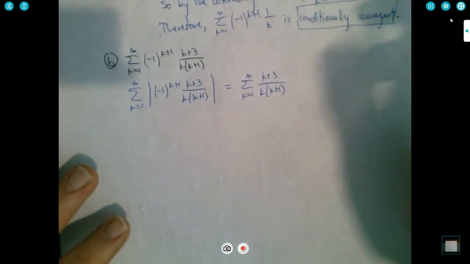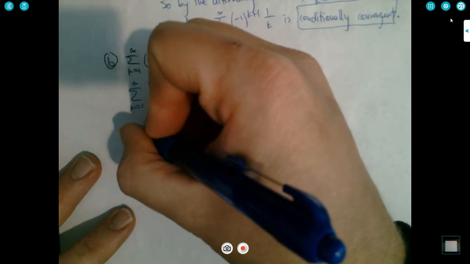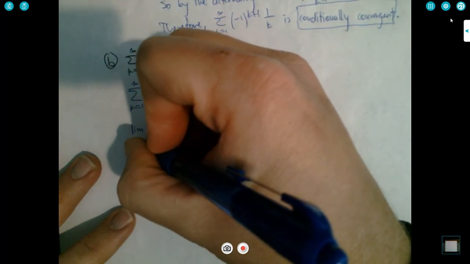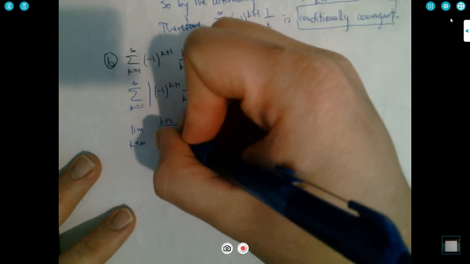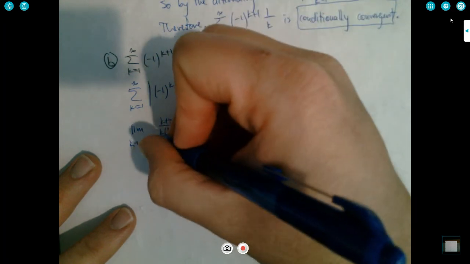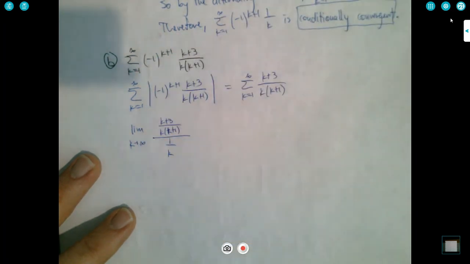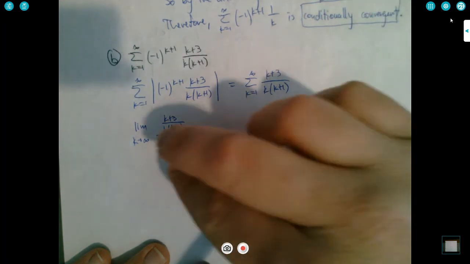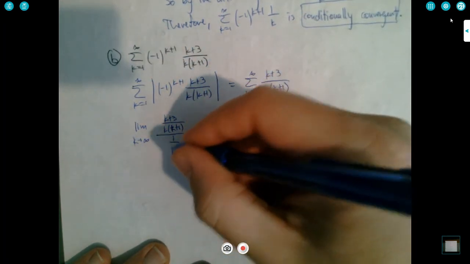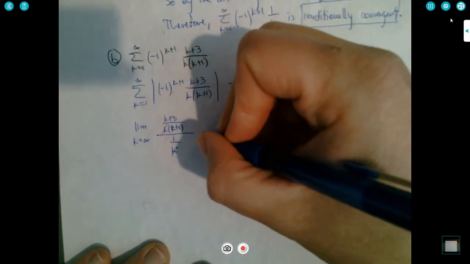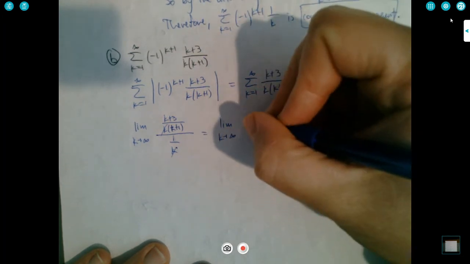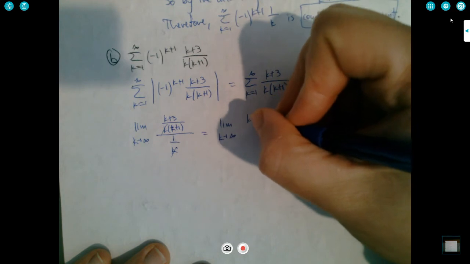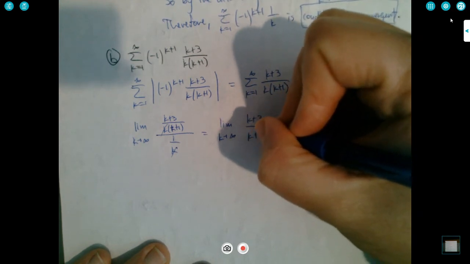So let's do that. I'm going to take the limit as k goes to infinity of (k + 3) over k times (k + 1), all over 1 over k. When I flip and multiply, this k will cancel that k. So this is really the limit as k approaches infinity of (k + 3) over (k + 1).